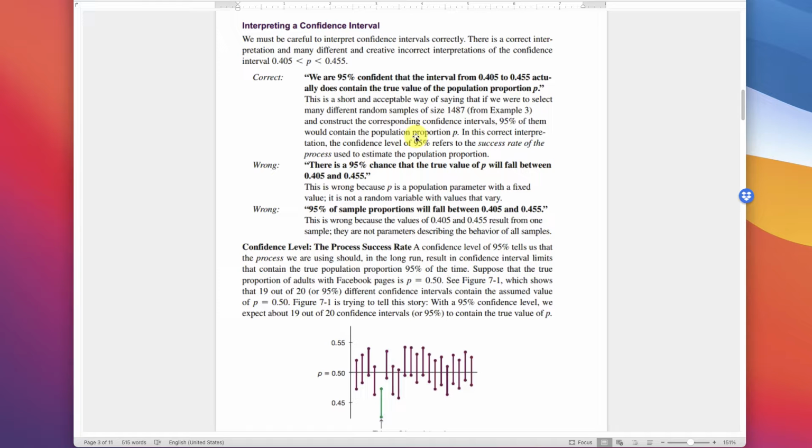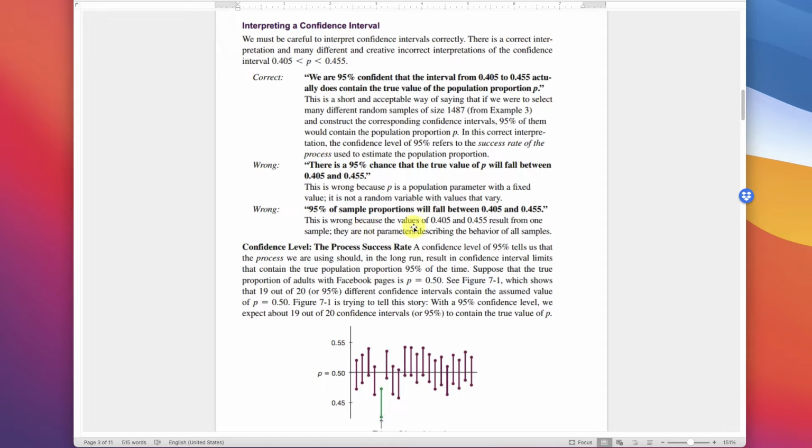In this correct interpretation, the confidence level of 95% refers to the success rate of the process used to estimate the population proportion. So these other things are wrong. That's not what we're saying. There's not a 95% chance of getting the true value. That's not true. And 95% of the samples fall in there. That's not true either. We are 95% confident that the interval contains p, but it's not that 95% of the samples fall in there.